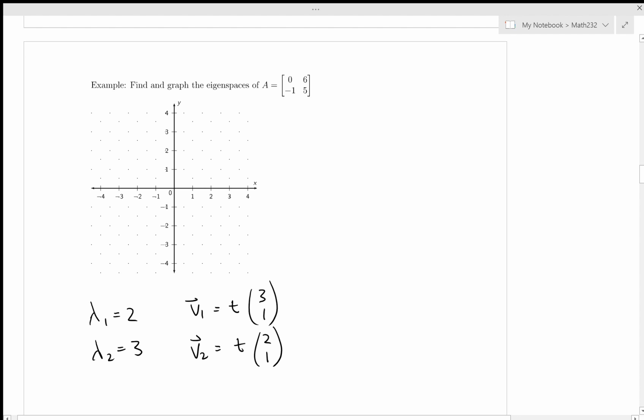Let's do this one here first. We can just pick a value of t. Let's pick t is equal to 1.